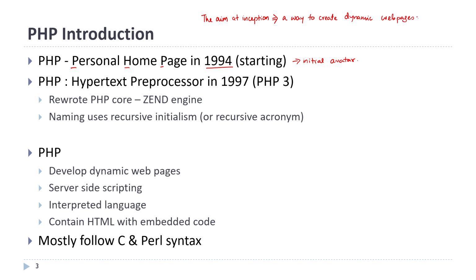This was the main interest at the time, because remember, HTML at that time created static web pages.